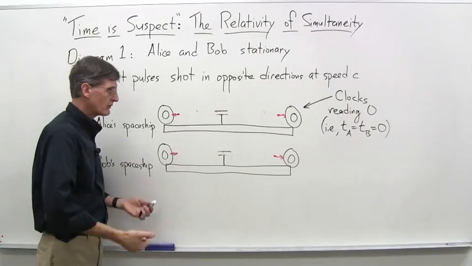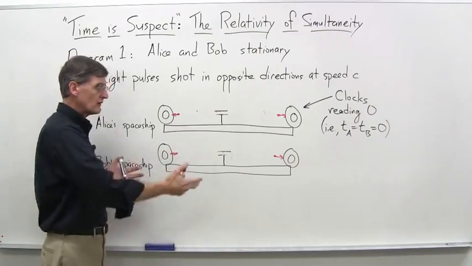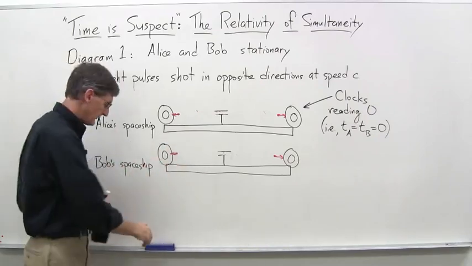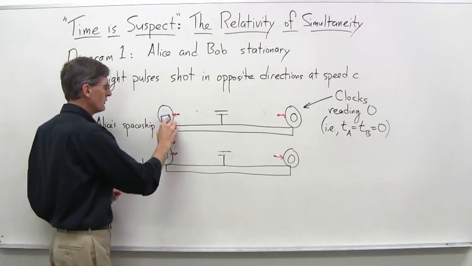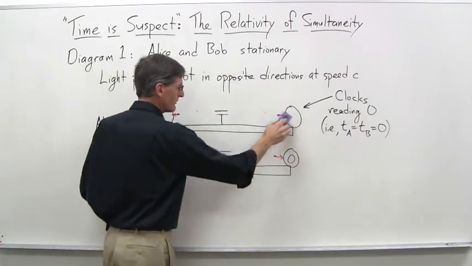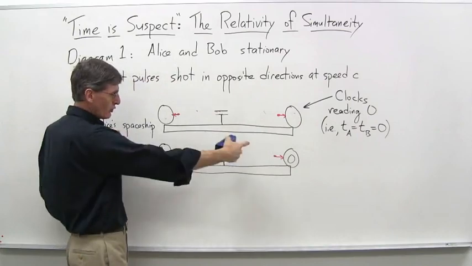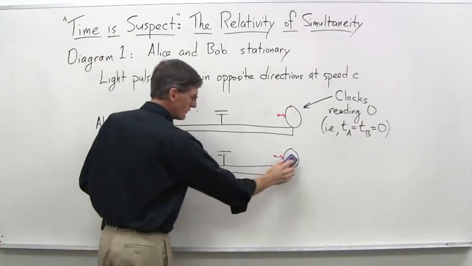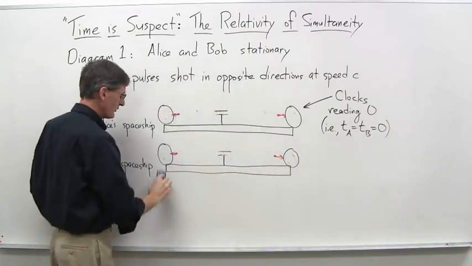Clearly, everything is symmetrical. Nobody's moving. The light clocks all trigger at the same time. I should have erased these zeros before, because obviously when they're midway going towards the clocks they would no longer be 0. They'd be at some value in between. So here we are.